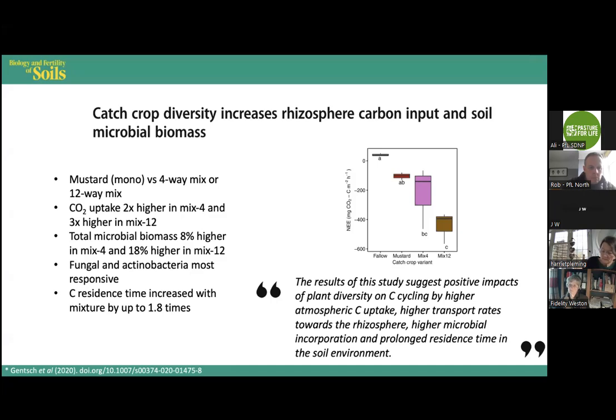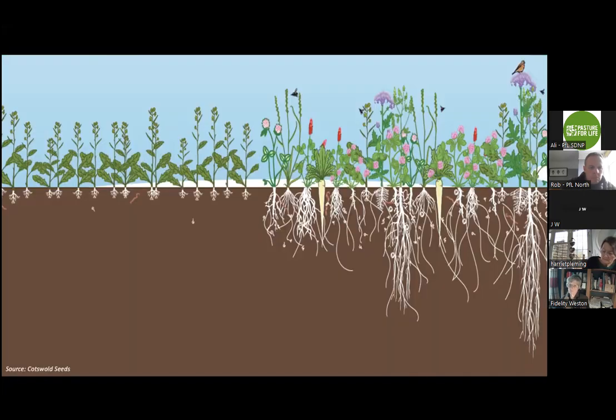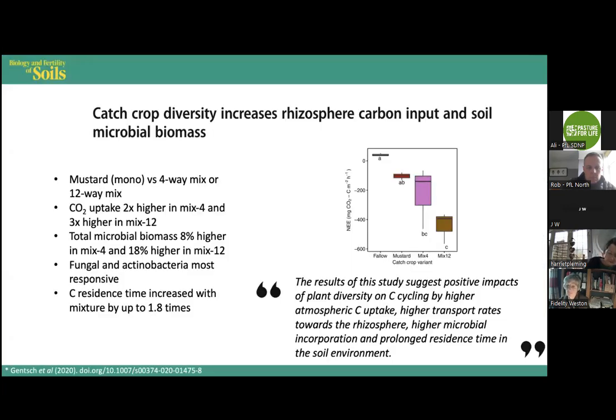And a big part of this is that these plants, because of the different leaf architectures, shoot architectures, are better able to capture sunlight and therefore use that sunlight for photosynthesis, in order to take in more carbon dioxide. And that's what this study was showing, which was really interesting. We're comparing a monoculture mustard with a 4-way mix and a 12-way mix.